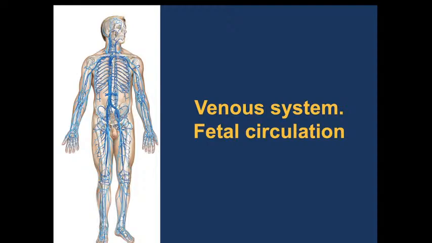As we were talking about last lecture, maybe you remember that, about 64% of the blood in our body is found in the systemic veins, and only 13% in the systemic arteries.